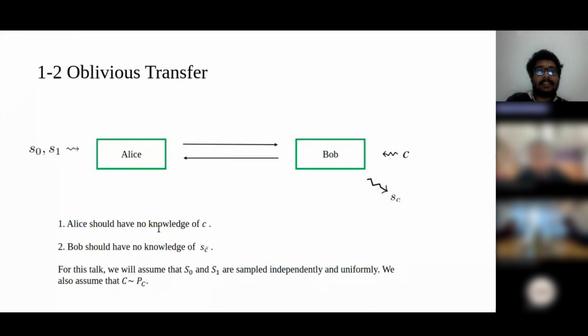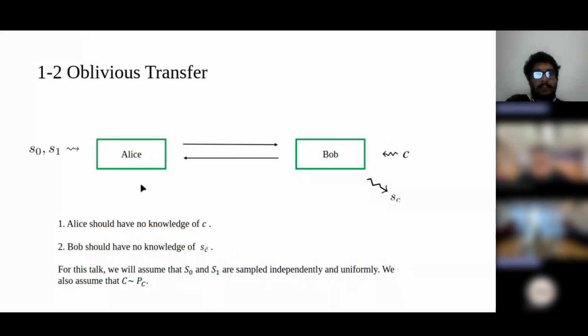Number one, Alice should have absolutely no knowledge of what C is. Number two, Bob should not know the bit indicated by the complement of the choice bit. For example, if C was 0, he outputs S0 for correctness, but he should not know what S1 was.